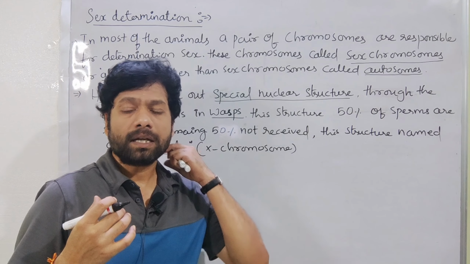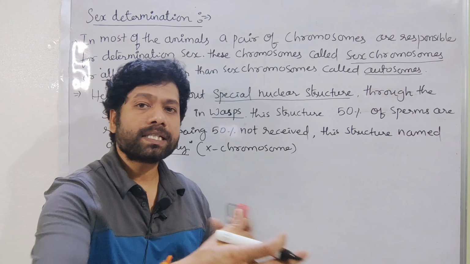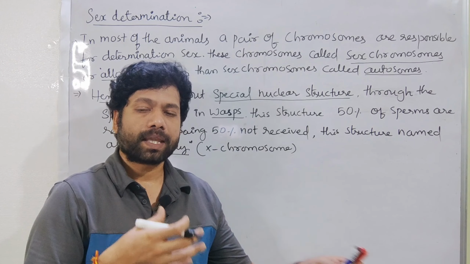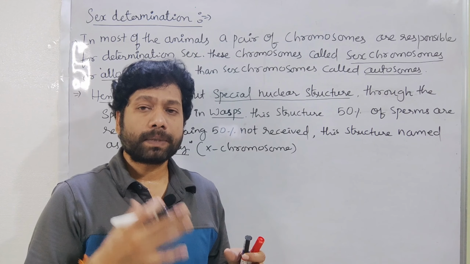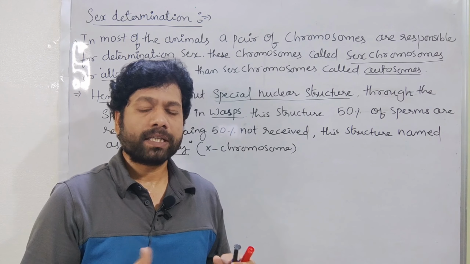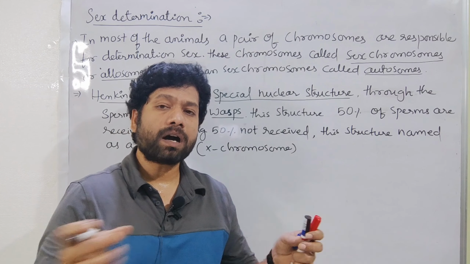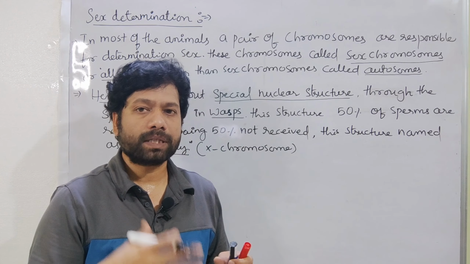What is spermatogenesis? Spermatogenesis means division: first mitosis, then meiosis. Here the components are equally distributed into all the resulting cells after the completion of the division.